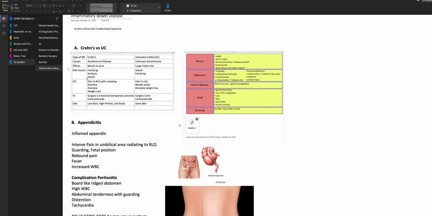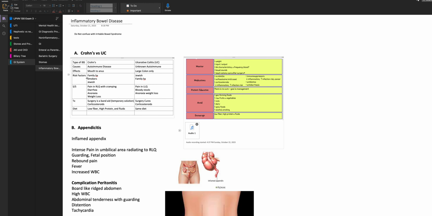All right, inflammatory bowel disease, and then I'll let you go. With inflammatory bowel disease, the first two I'm going to compare and contrast are Crohn's versus ulcerative colitis. They're both autoimmune diseases. Crohn's affects the whole GI tract, mouth to anus, whereas ulcerative colitis only affects the large colon.